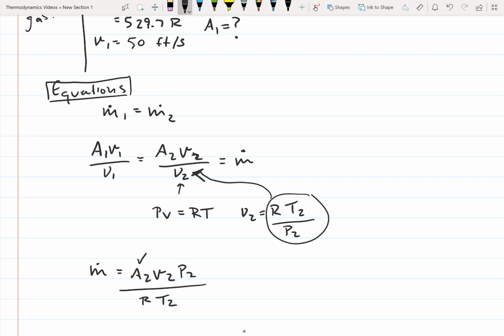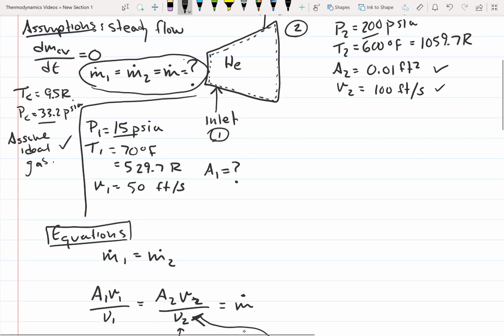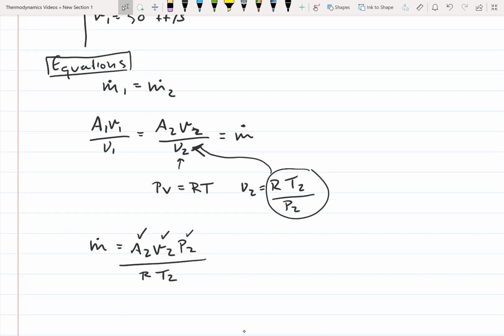So we know everything here. We know the area because it was given. We know the velocity because it was given. We know the pressure because it was given. We know the temperature, and we can look up the gas constant. So we know everything that we need to calculate the mass flow rate. And then the other thing that we want to calculate is the area of the inlet.